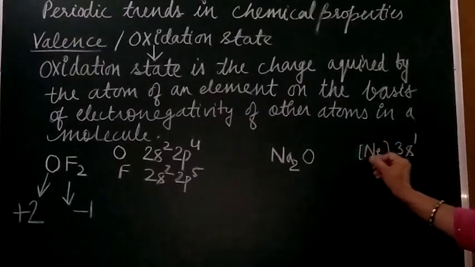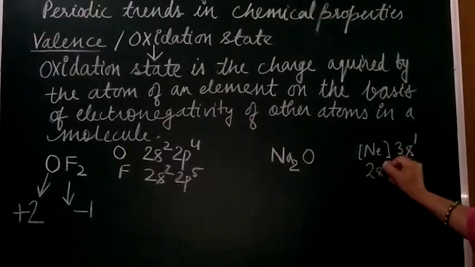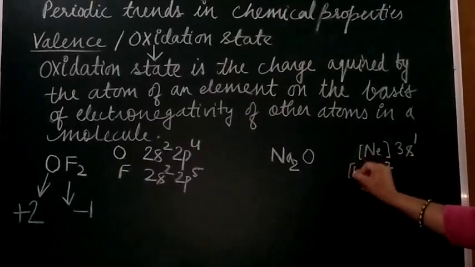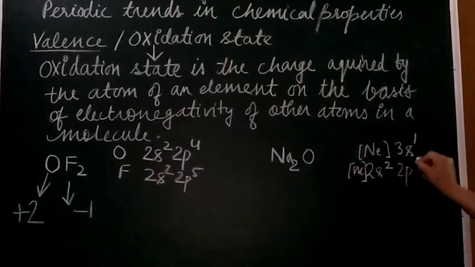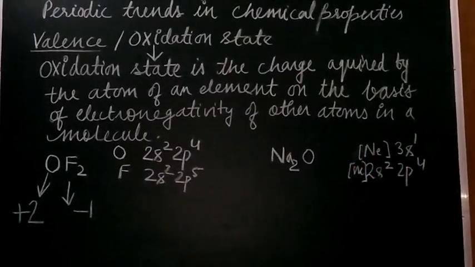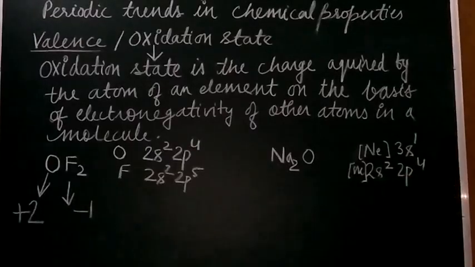And in oxygen, we know the configuration of the outermost shell. It is 2s2, we are writing it here in helium condensed form, 2p4.